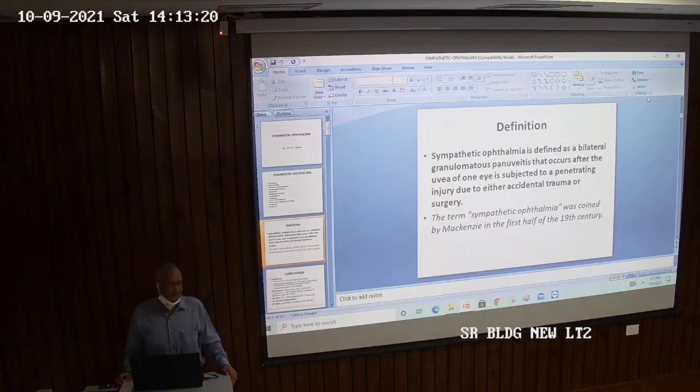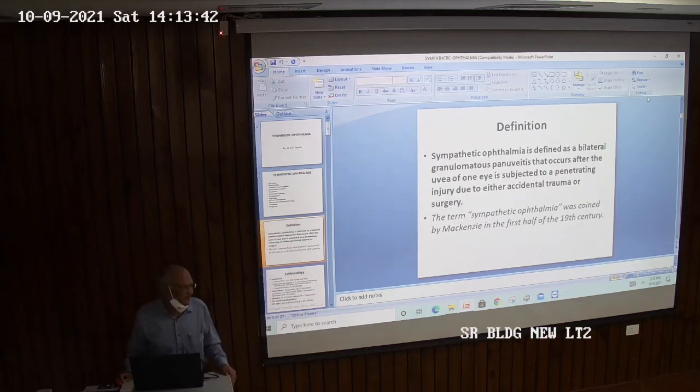Yes, sarcoidosis, one. Tuberculosis, syphilis, these are some. While the non-granulomatous ones are ankylosing spondylitis, allergic conditions, arthritis, uveitis, that cause this. That is an acute stage.